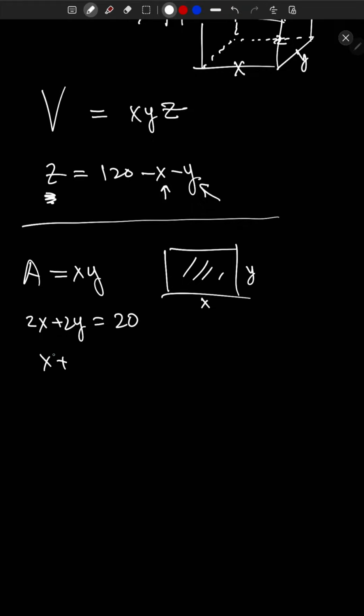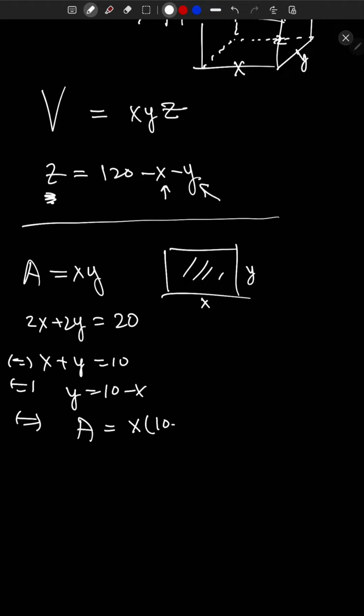This tells me x plus y is equal to 10, which tells me y is equal to 10 minus x, which tells me A is equal to x times 10 minus x. And in one variable calculus, you could then start to do the problem because now A can be written as a one variable function. So that's literally what we're going to do up there with our problem.